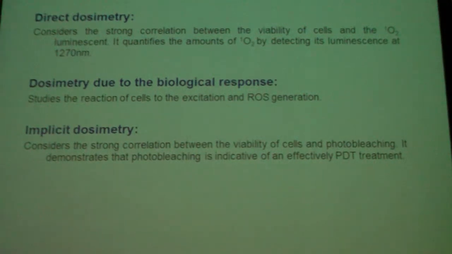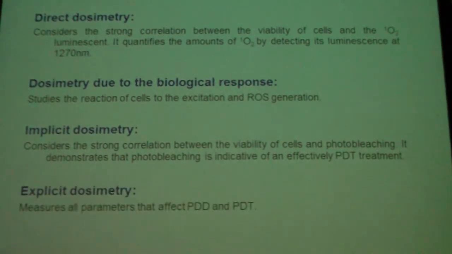Photobleaching happens when the drug loses its ability to generate fluorescent signals. It can be due to some damage to the cell, or it can be due to chemical damage to the drug itself. Therefore, based on the amounts of photobleaching, they try to optimize the technique.